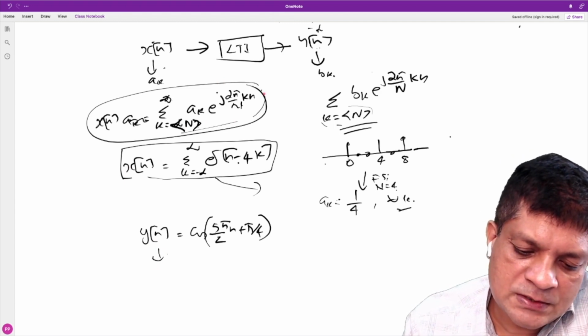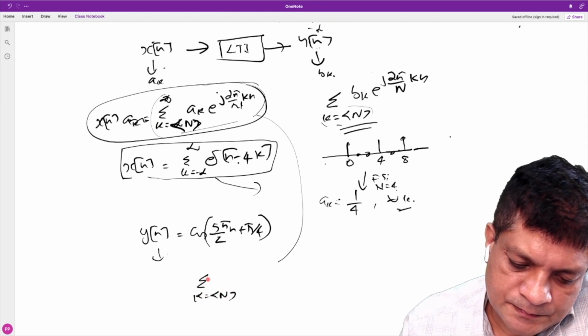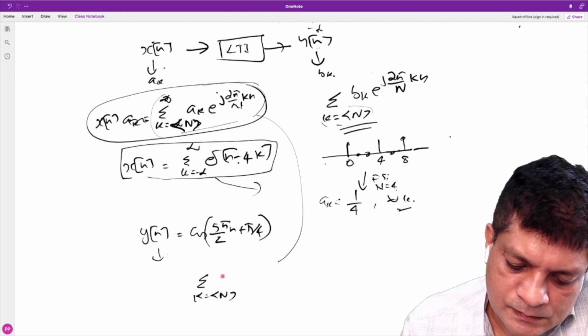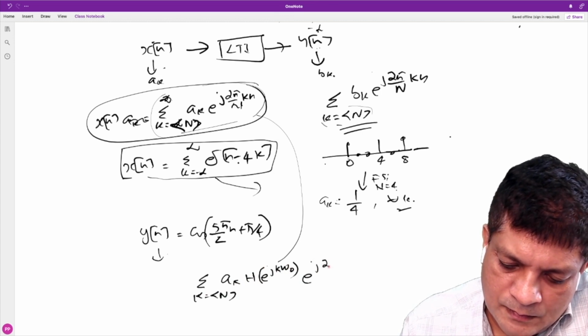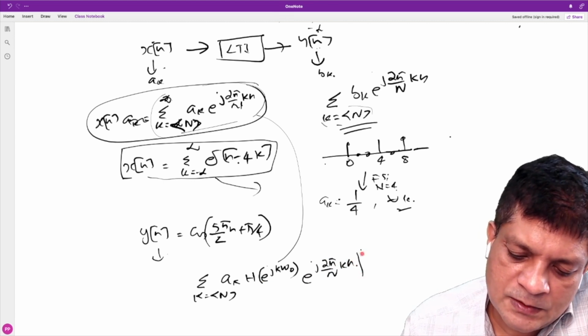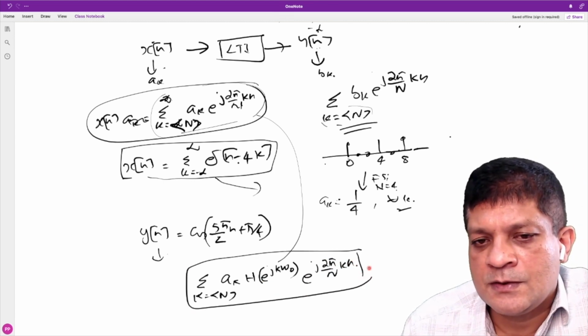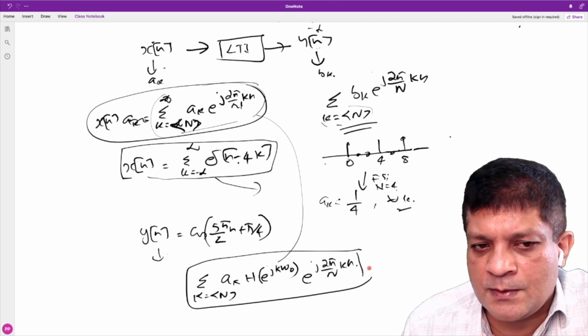If you give this as input to a linear time invariant system, will the output be similar to the continuous time system, the previous problem that we discussed?